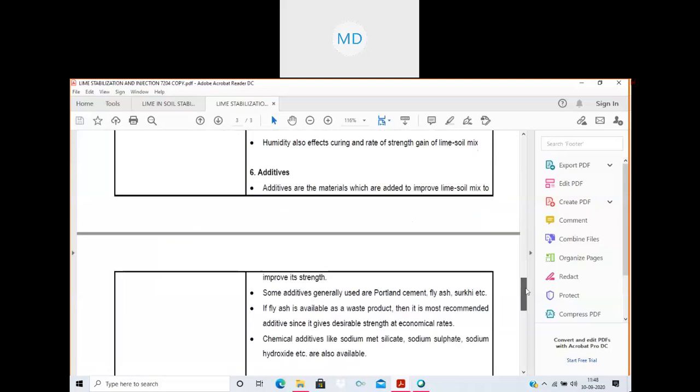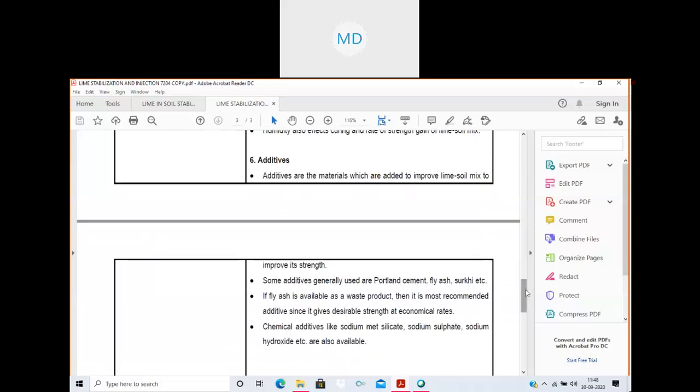Then additives. We can use some additives along with lime in the soil for improved strength. Additives are the materials which are added to improve the strength of the lime soil mix. Some additives generally used are Portland cement, fly ash, surki, etc. If fly ash is available as a waste product, then it is the most recommended additive since it gives desirable strength at economical rates.